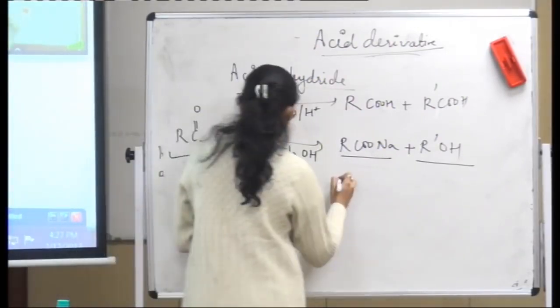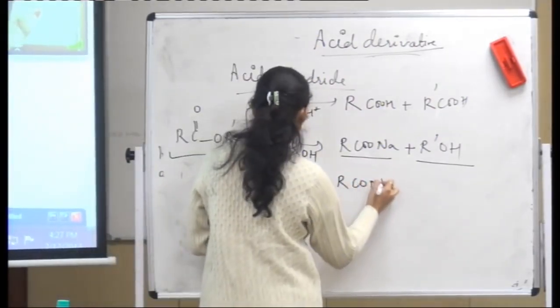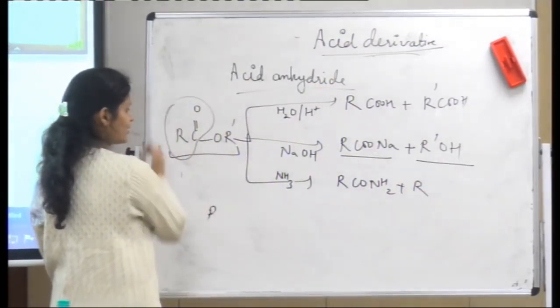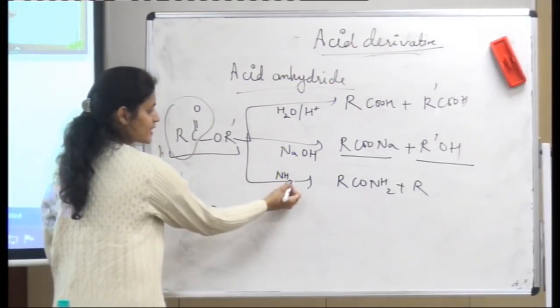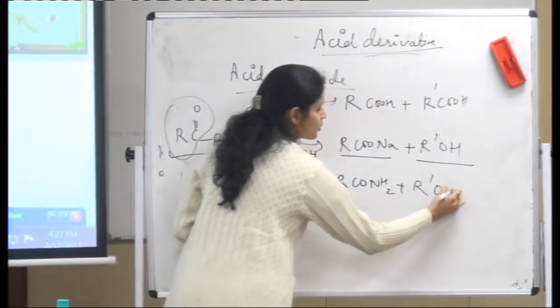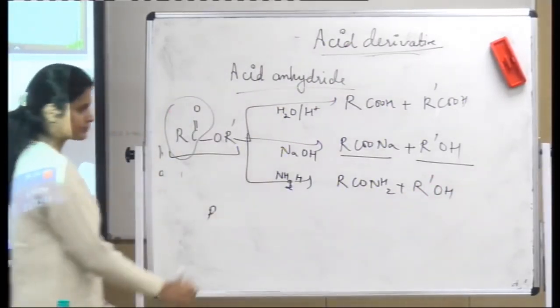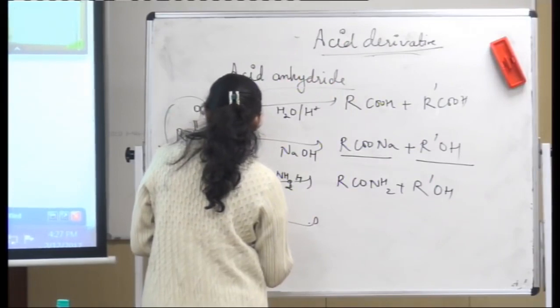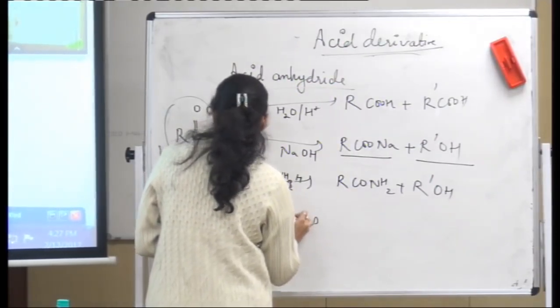It should be RCONH2 and R dash OH, alcohol and amide group. What with R dash NH2?